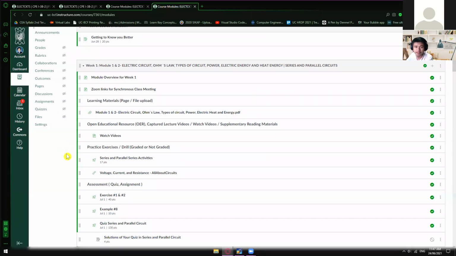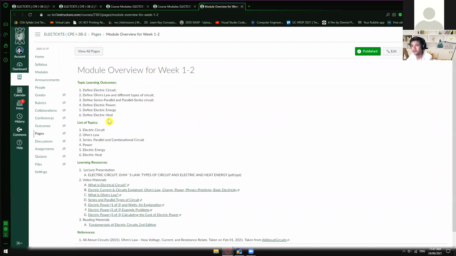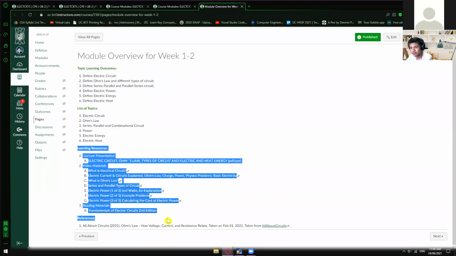But before jumping to the module learning materials, the thing that you would like to see first is the module overview for week one. Just left click this one, and it will lead you to a page that tells you the topic learning outcomes, the list of topics, and the learning resources.